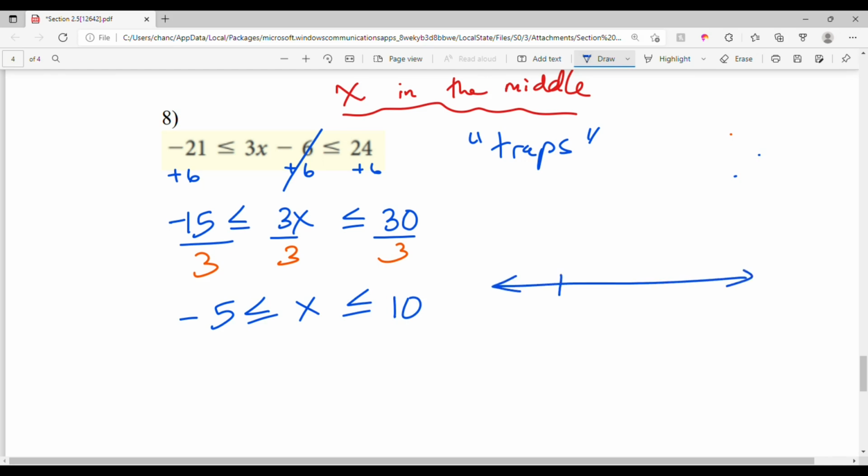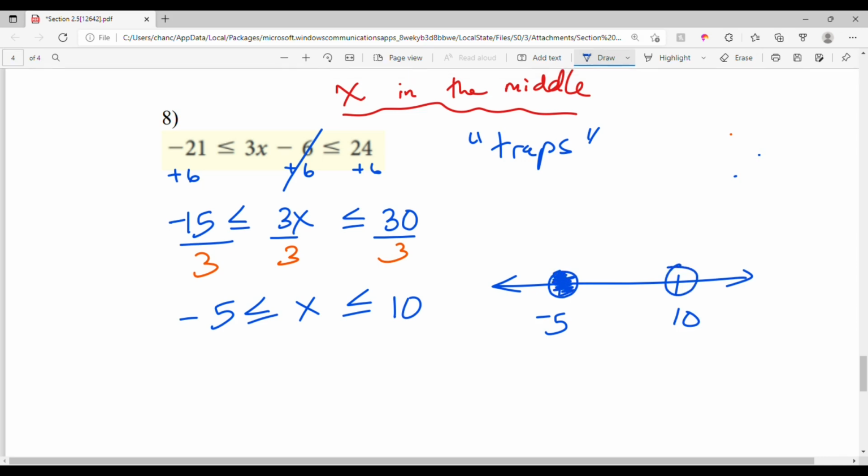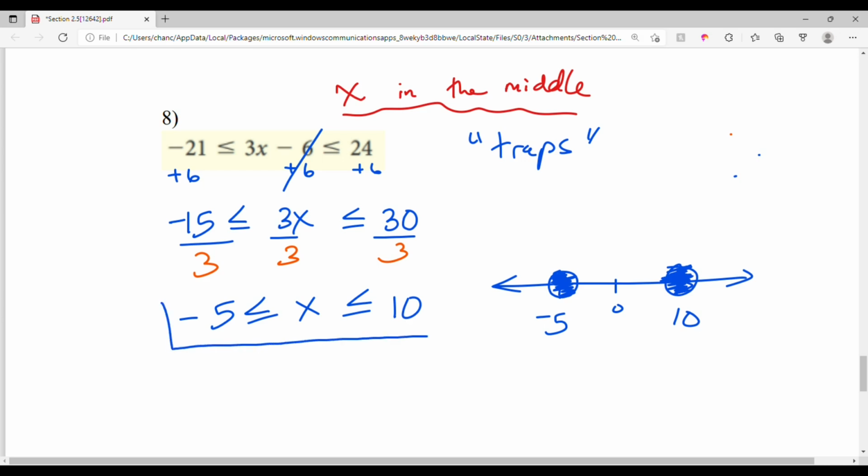We need a negative 5. We need a 10. And since this is a closed circle, obviously it's got to be a closed circle for the 5. It's got to be a closed circle for the 10. But remember, this is negative 5 is less than or equal to x, and x is less than or equal to 10.